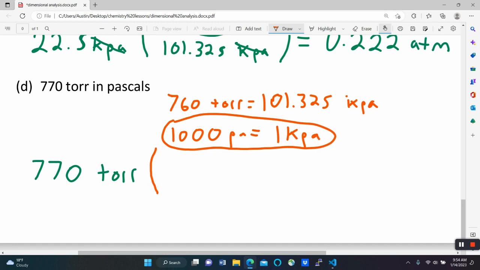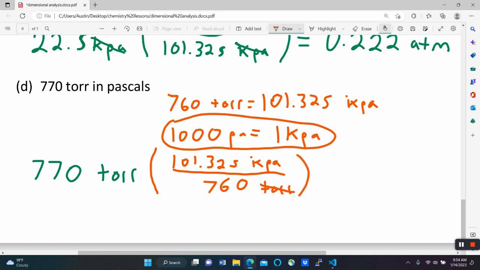In either case, in order to solve this particular problem, you're first going to multiply 770 torr by 101.325 kilopascals per 760 torr. This first conversion factor basically cancels out units of torr from your expression.